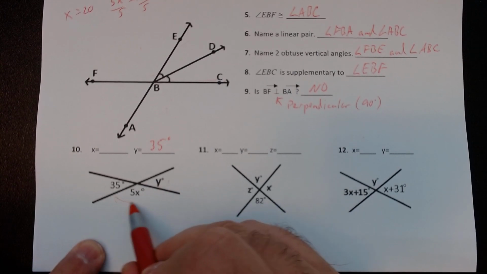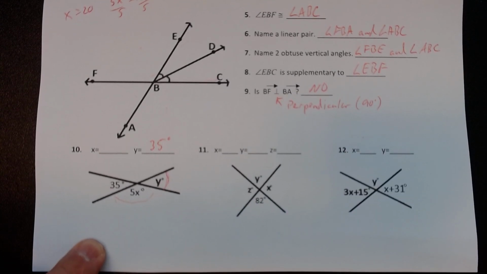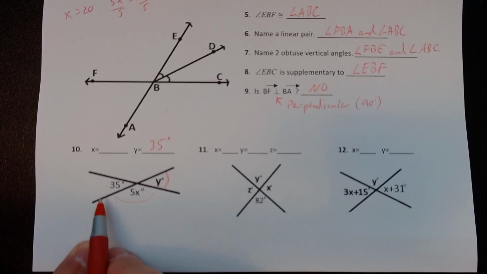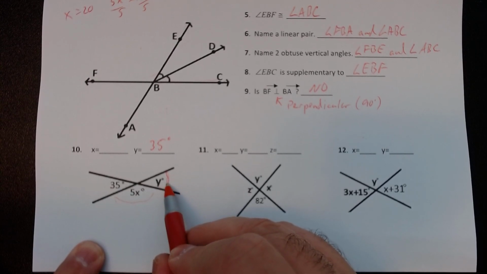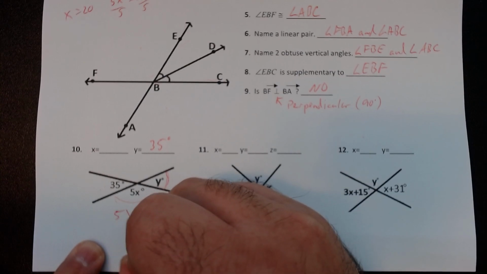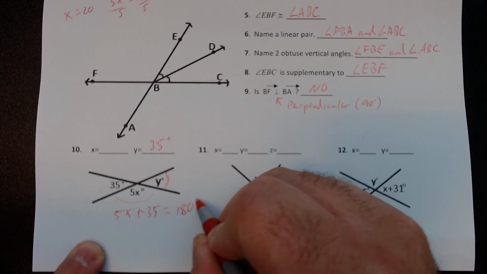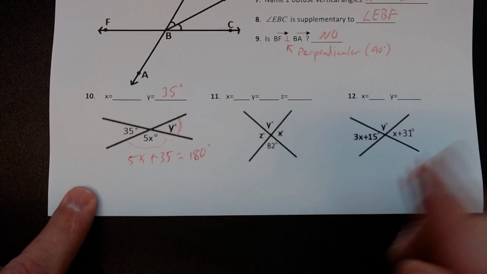And then 5x and y, these two angles right here are supplementary because they're linear pairs. And then if we know that this side is 35, just like that side, we could have done it over here. We're going to go 5x and the 35 together are supplementary, they add up to 180.